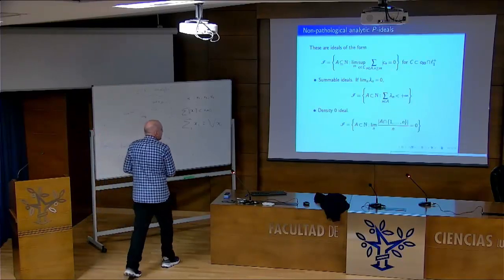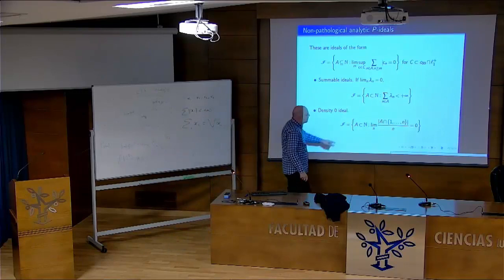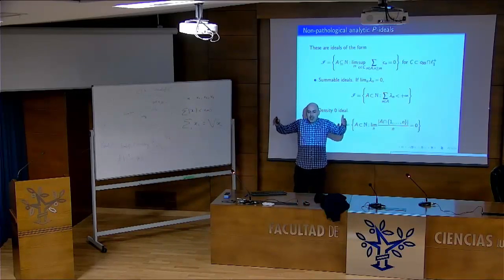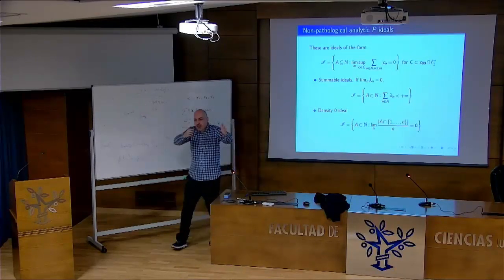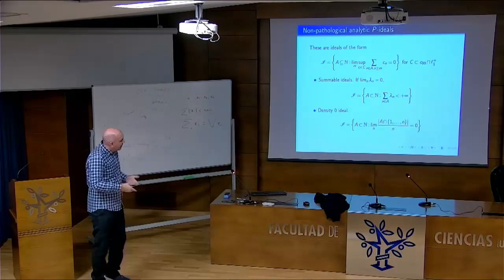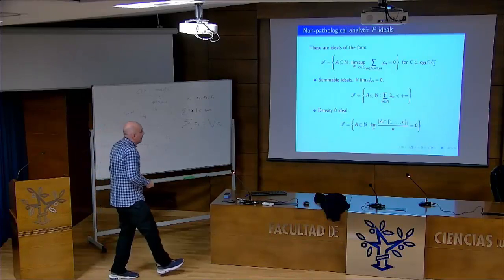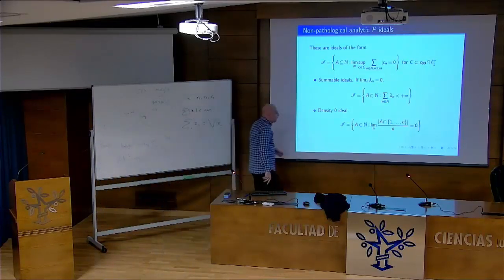Another one is the density 0 ideal. You take a subset of n, and for each n you measure what proportion of the numbers up to n you put in your set, and you take limits, and if that limit is 0, then you call that set of density 0. It's very natural to call this thing density.